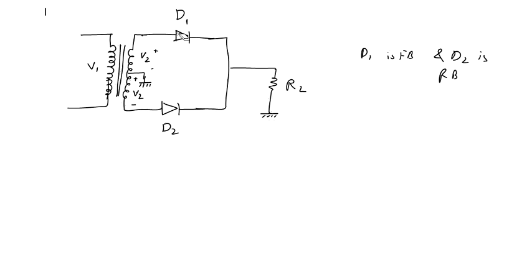If D1 is forward biased, it will be replaced by a short circuit, while D2 will be replaced by an open circuit. The current through this circuit will flow in this direction and a voltage drop will be obtained across this load resistance.